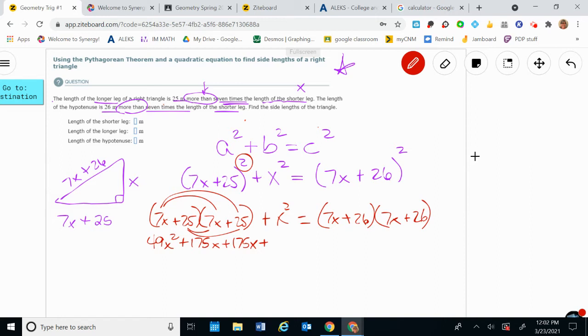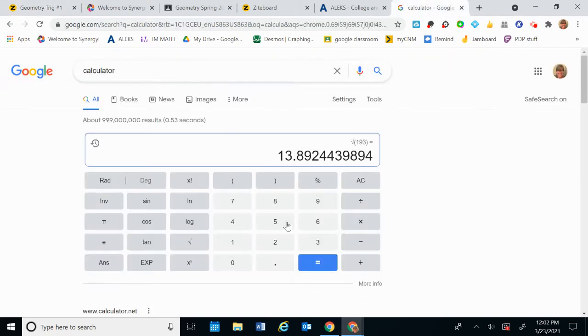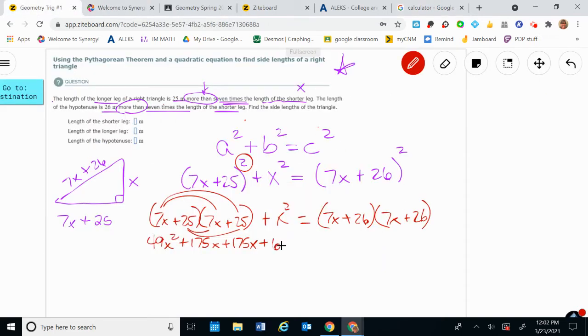I believe 25 times 25 is 625. Pretty sure. Yep, 625. And then I still have to bring down the plus x squared. I kind of spaced it wrong. I should have my equal signs lining up, but I messed up.